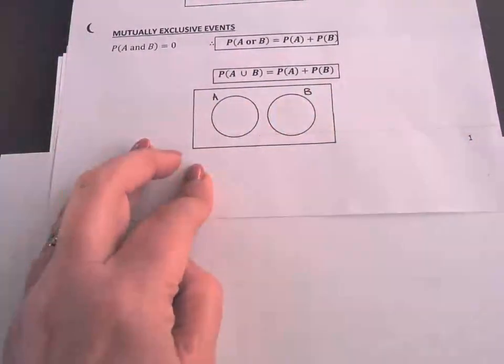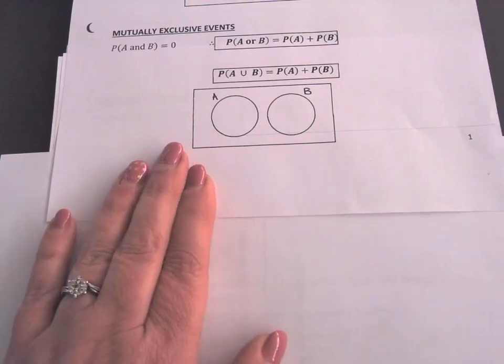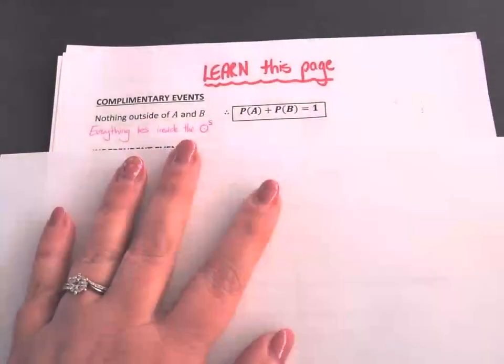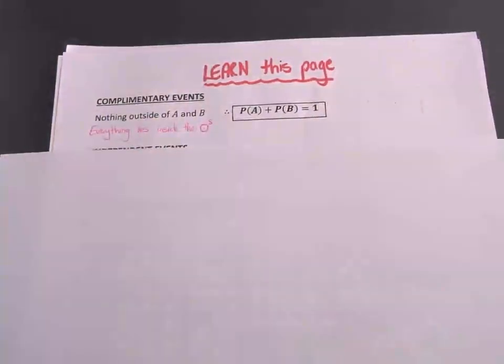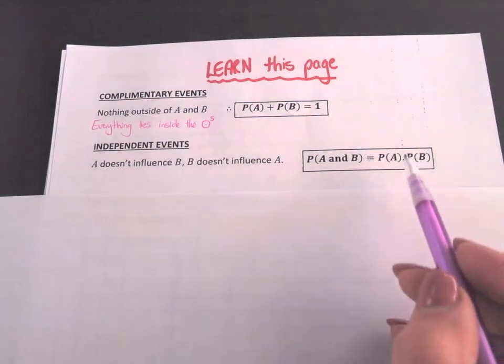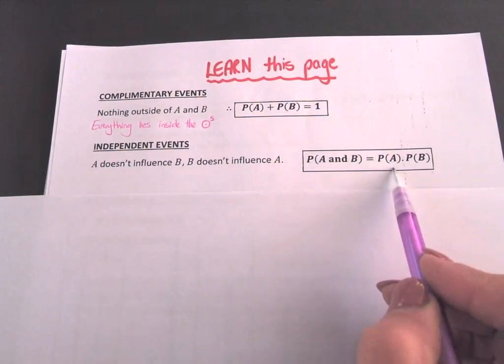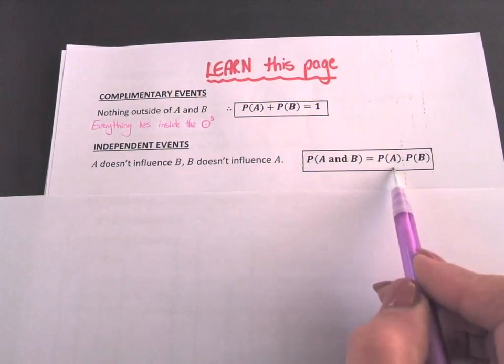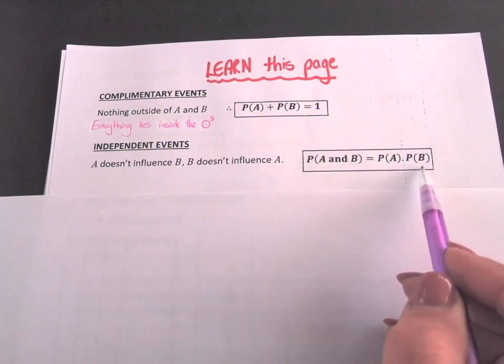Everything is inside the circles, and the one is the complement of the other one. Independent events, they don't influence each other. So if, let's say, A happens, it doesn't have an influence on what happens with B.